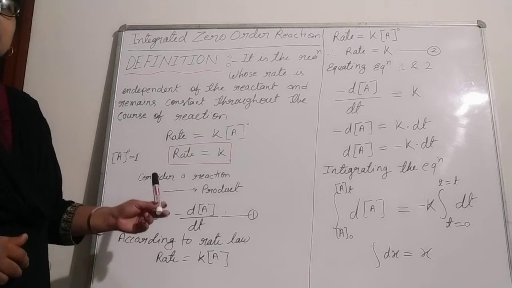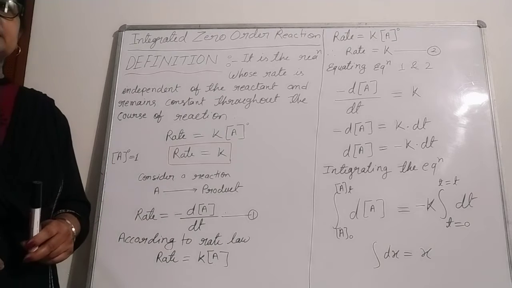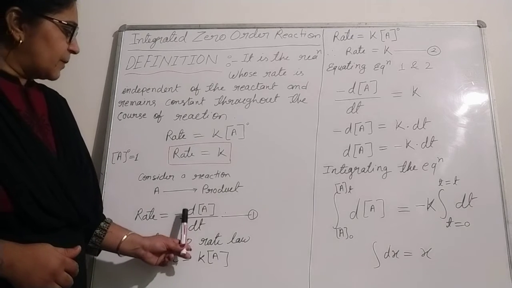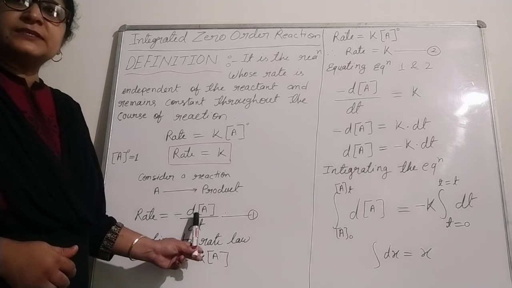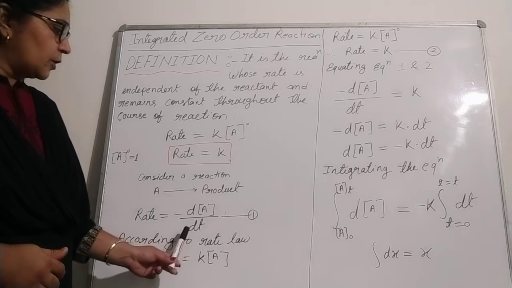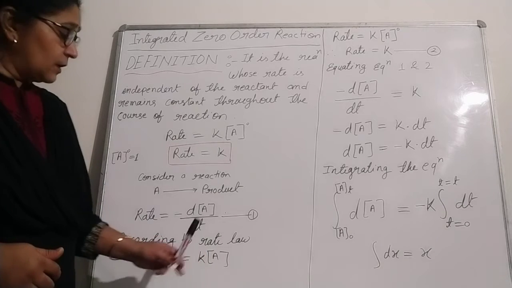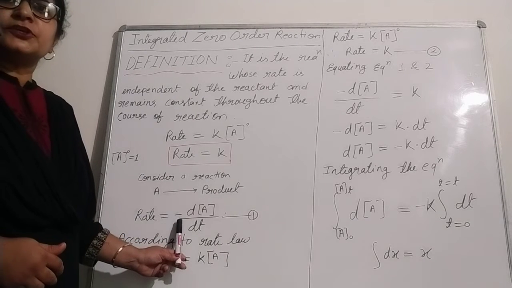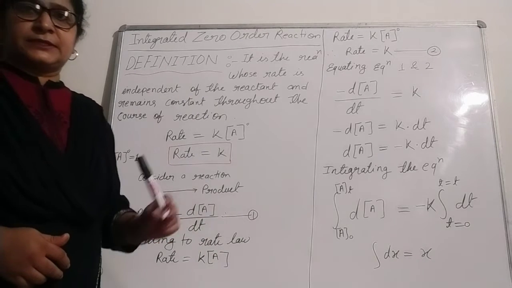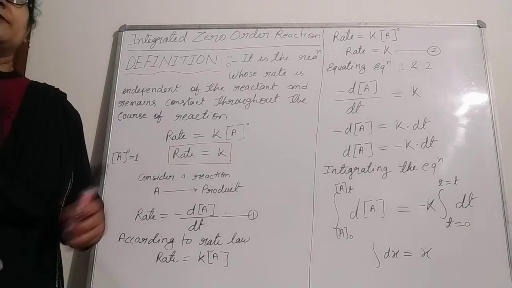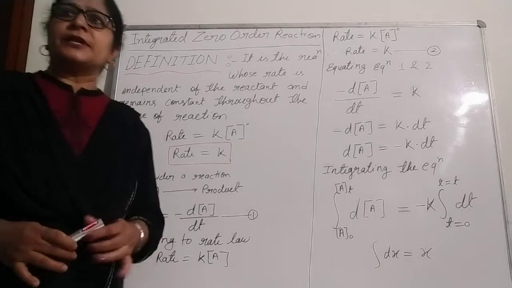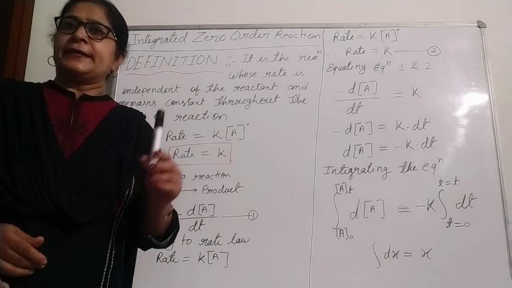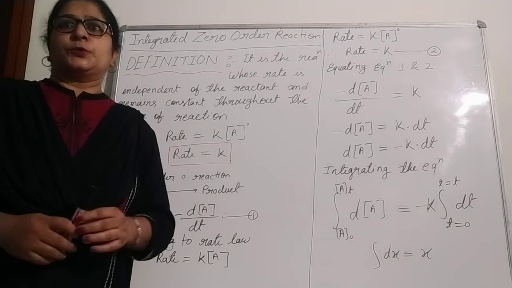So I could write the rate of reaction as rate is equal to minus d[A] upon dt. Here minus means the concentration of reactant decreases, and now since we are talking about a zero order reaction, the power is 0.